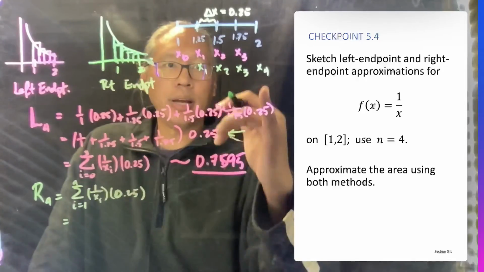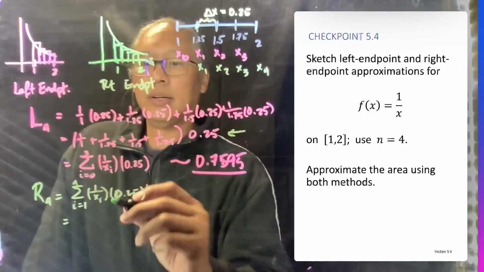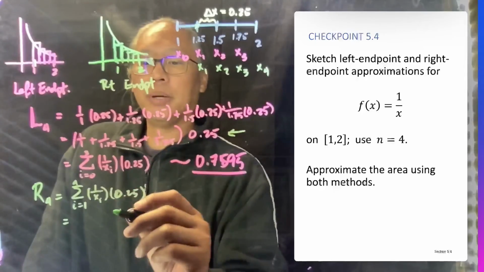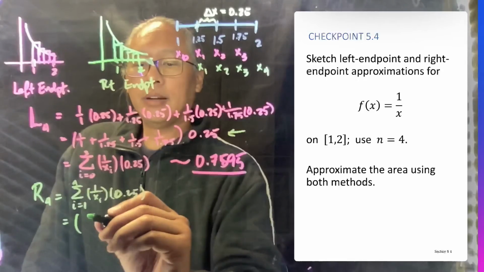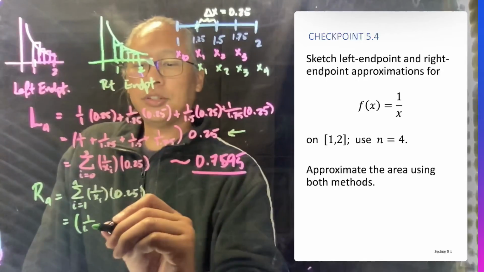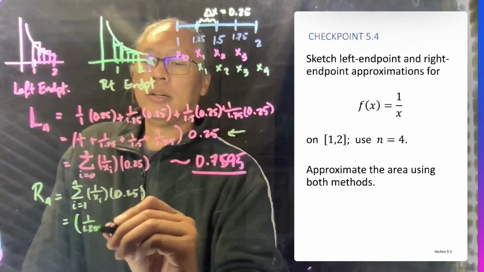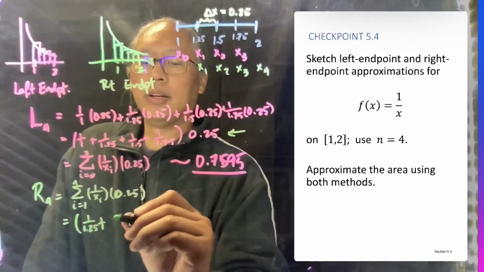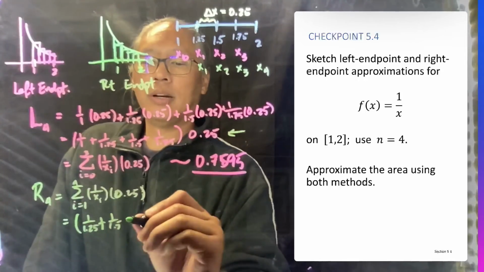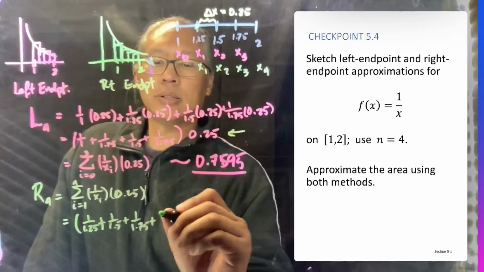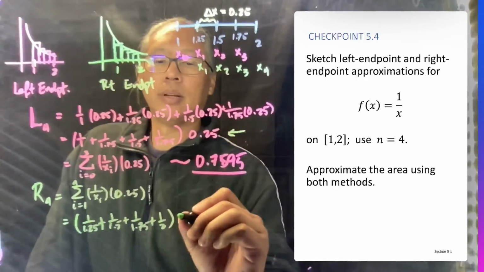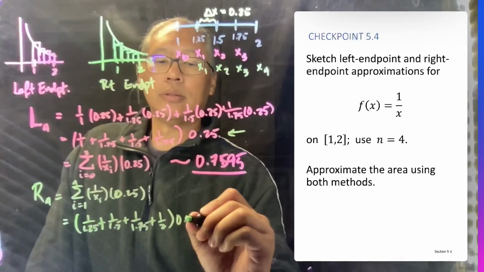Since n is equal to 4, it's not going to be very big. So the first term is going to be 1.25, and you put that into the function, you get the reciprocal of that, 1 over 1.25, and then plus 1 over 1.5 plus 1 over 1.75 plus 1 over 2, all times 0.25.